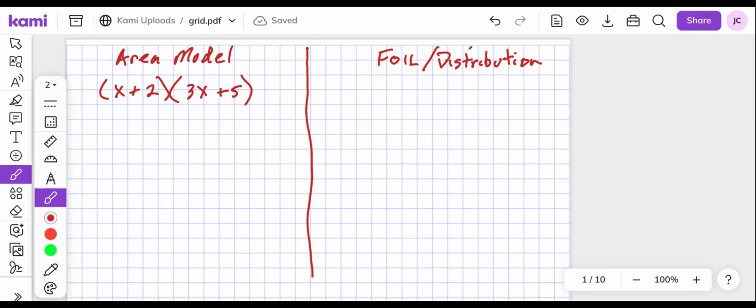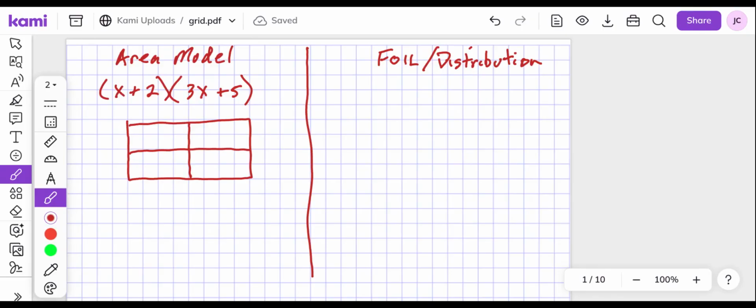Factors are things you multiply together to get a product, right? And so because I have binomials, there are two binomials, I'm going to draw myself a triangle. And I'm going to split it two ways.